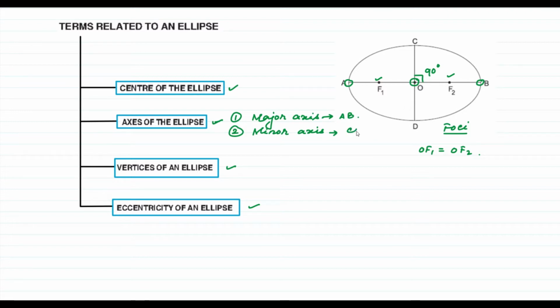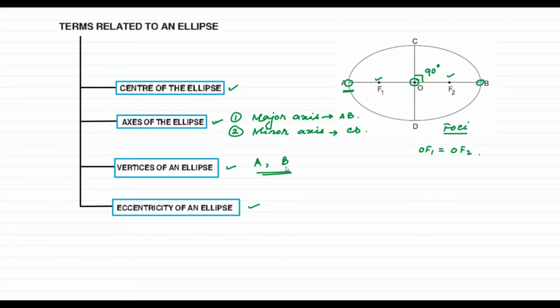So CD is the minor axis. What are the vertices of the ellipse? The vertices of the ellipse are the end points of the major axis of the ellipse. So here A and B, these two points are the vertices of the ellipse.